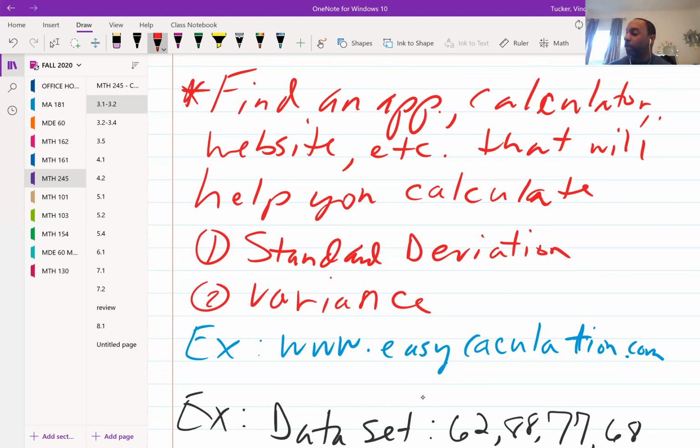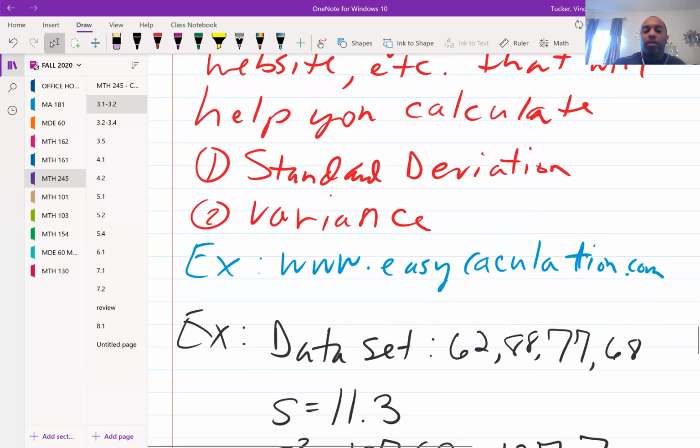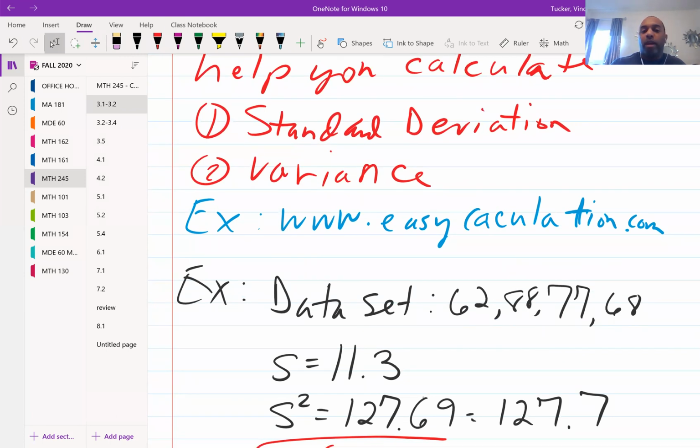That's something that if you want to use, would help you find the standard deviations as well, and the variance. So you need something reliable. And so I just gave you a data set that you could try.